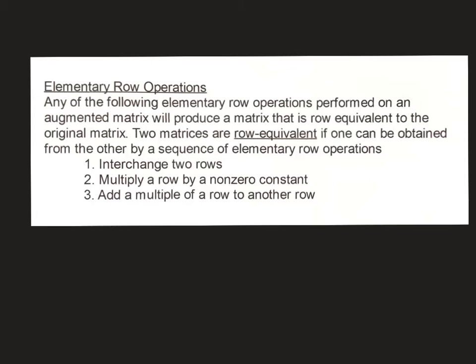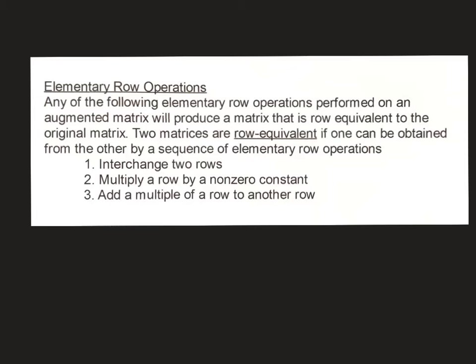Elementary row operations, this is basically what gives us the opportunity to solve a system of equations using matrices. So an elementary row operation is just any of these 3 operations performed on an augmented matrix.